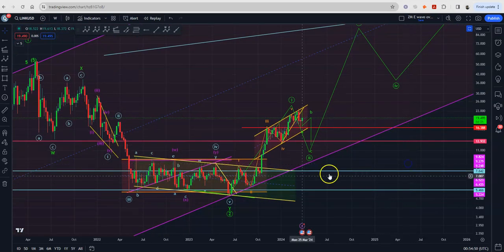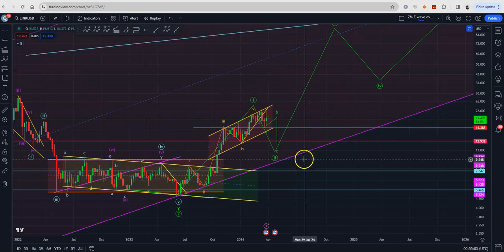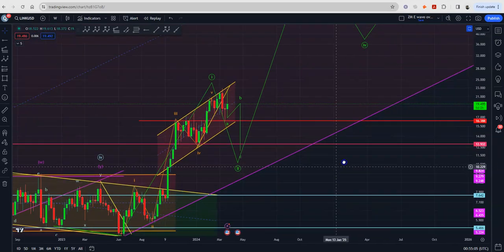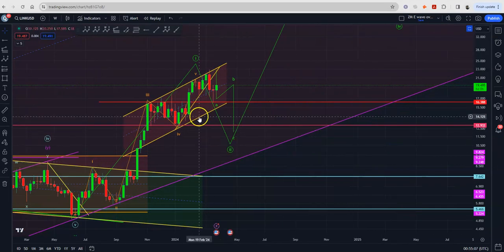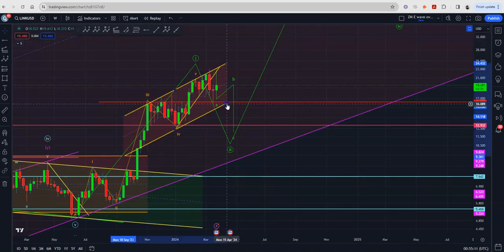So, now that we're finished in wave 2, we begin wave 3. Wave 1 of primary 3, which is of course subsetted by 1, 2, 3, 4, 5. Now you'll notice that we're putting in this either rising wedge or parallel rising channel.